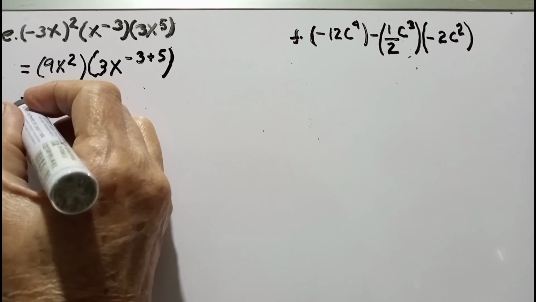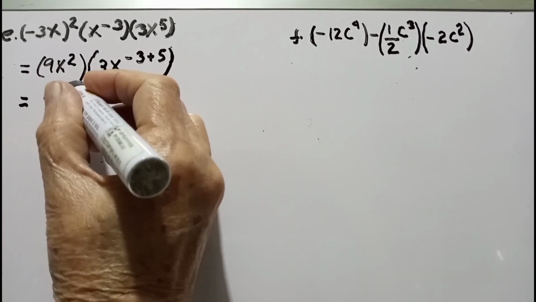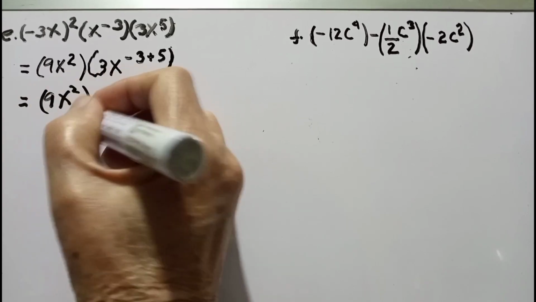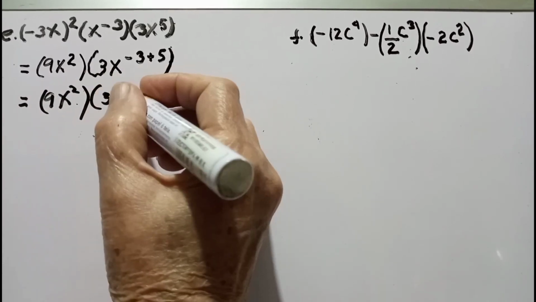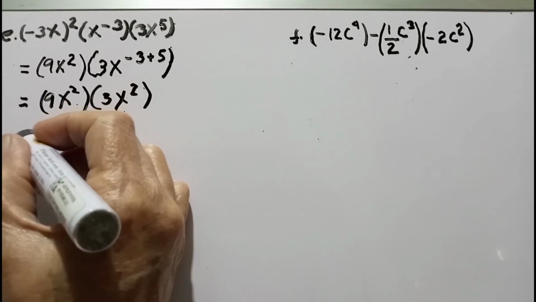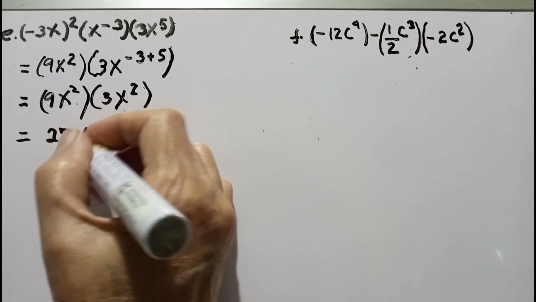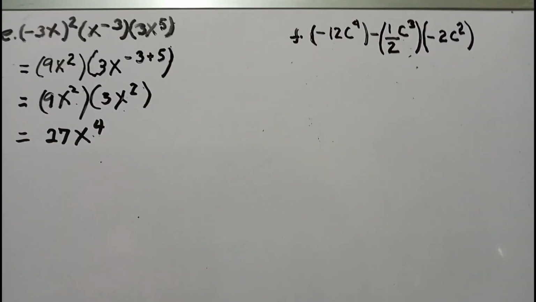So that would now be equal to 9x squared times 3x squared. So the answer is 27x to the 4th.